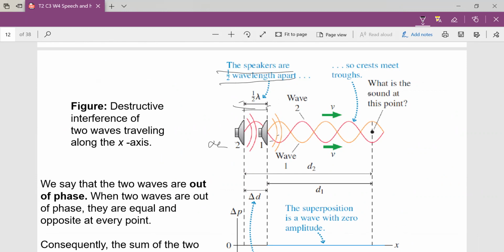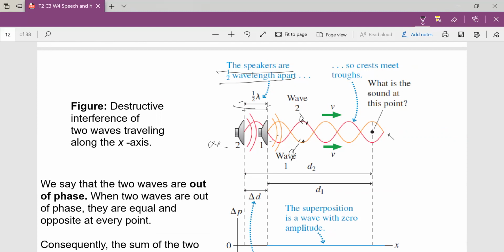Let's look at the red, look at the green, that's speaker one, speaker two. You see that we have a shape that looks like the description of a standing wave, but this is not a standing wave diagram, okay?